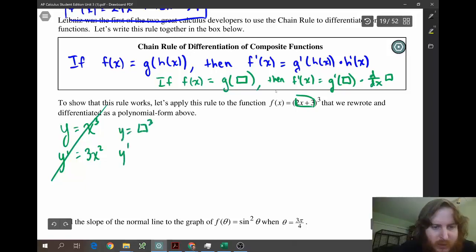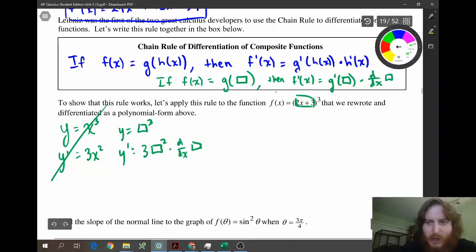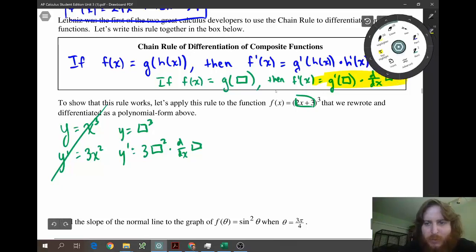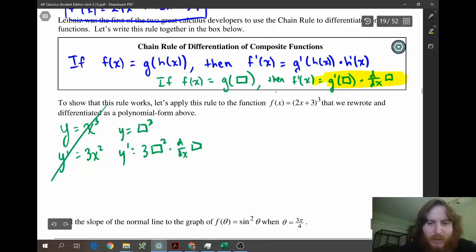So the derivative is going to be 3 box squared, but then we need to multiply by the derivative of the box. That's what I mean when I showed this formula here, right? The derivative of x cubed would be 3x squared, but then we need to multiply by the derivative of the box. So that's one way to think about it. Now, I never actually write any of that out.